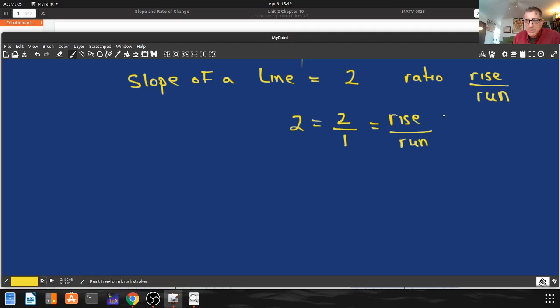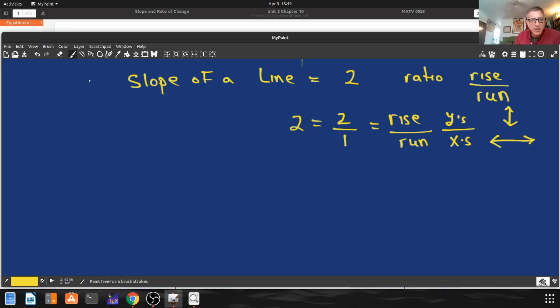The rise deals with changes in y values, and the run deals with changes in x values. So the run has to do with horizontal distances, and the rise has to do with vertical distances.